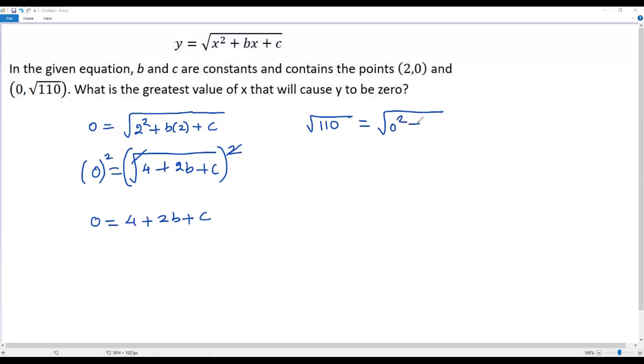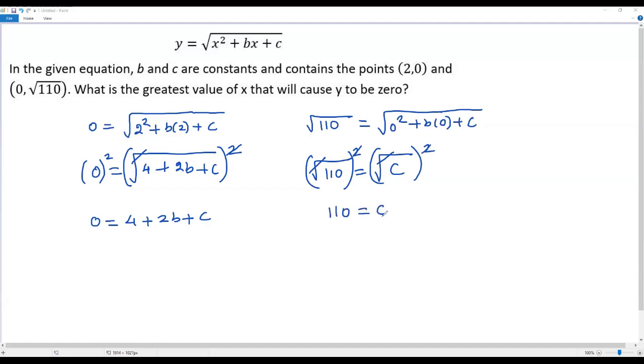Then I'm getting 0 squared plus b times 0 plus c. Now the square root of 110 equals the square root of c, since 0 squared is 0 and b times 0 is 0. To get rid of the square root, I square both sides. When I square both sides, the square roots cancel out. I'm getting 110 equals c.